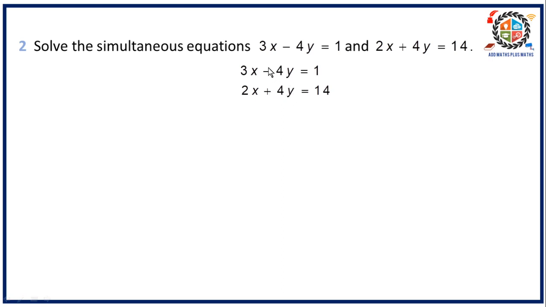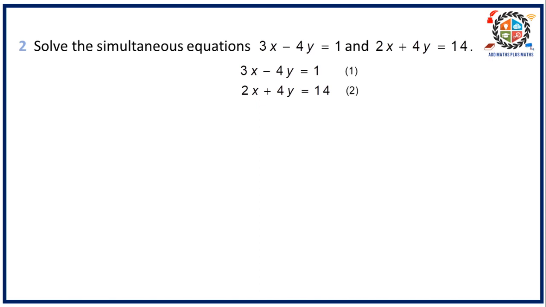Even if the signs are different, I can still eliminate 4y and negative 4y by addition. Remember, if you add a negative and a positive number with the same value, I can make it 0. So I can eliminate.